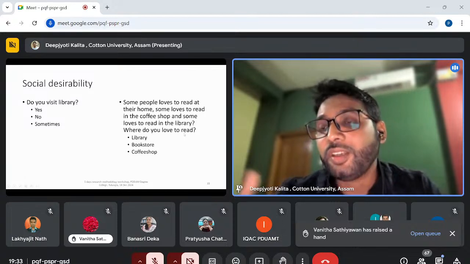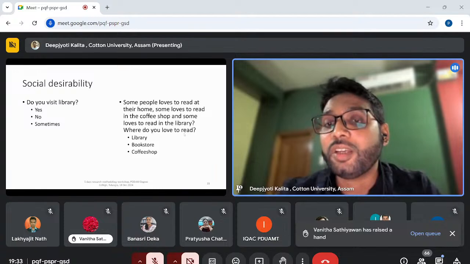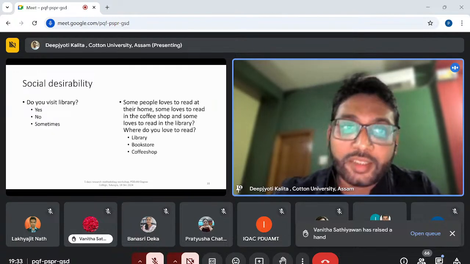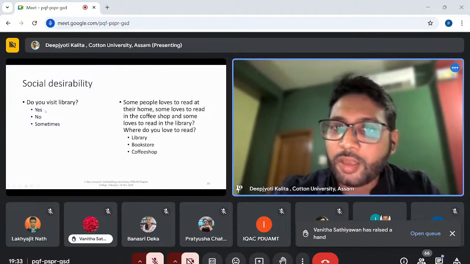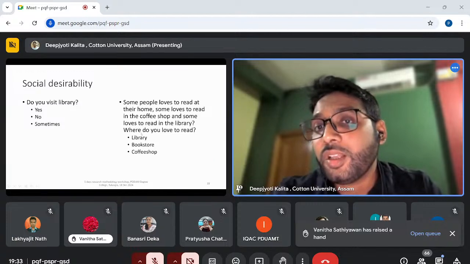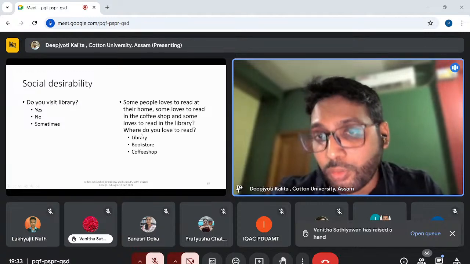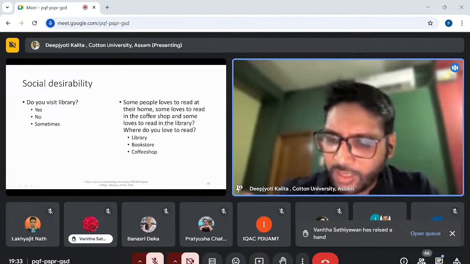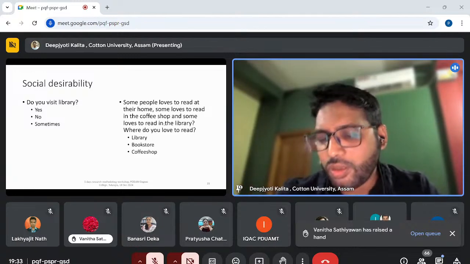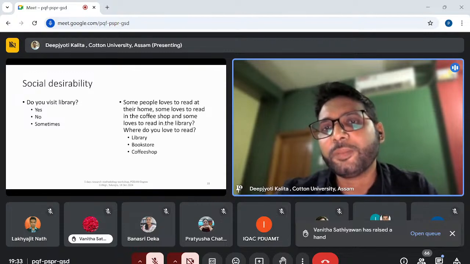In this way, you are giving the respondents a sense of social security when they answer the question. So the probability of a false answer in the direct question may be high, but the probability of a false answer in this particular question will be very low if you ask it in a systematic way. There are very interesting ways to frame your questions. This is one example to reduce that social desirability issue.